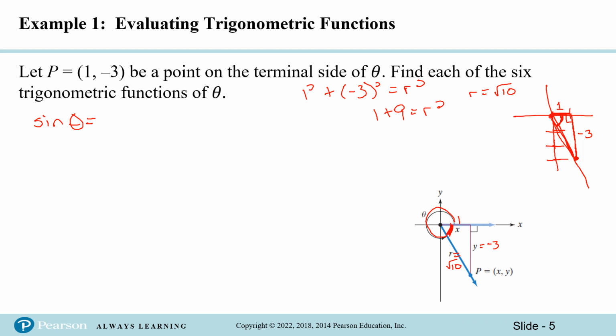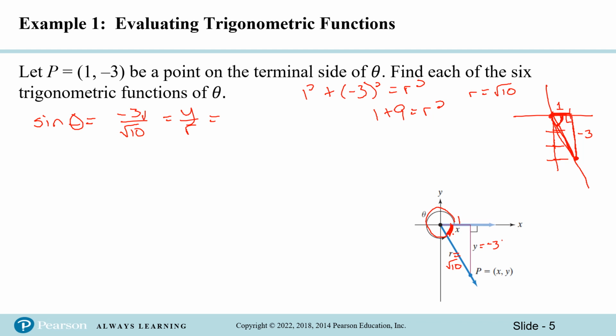So the sine is going to be the opposite, which is -3, over the hypotenuse, which is the square root of 10. Another way you can think of that is y over r. It's the same thing.